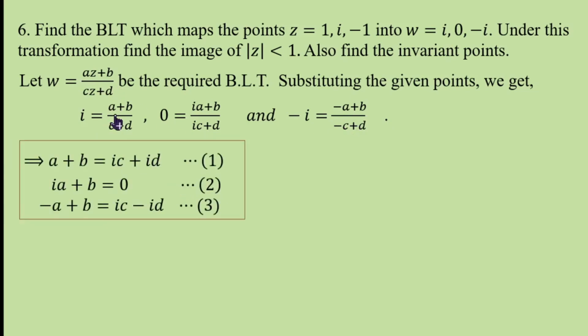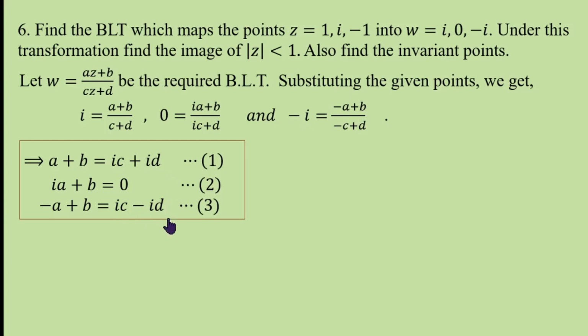Or you can write: A plus B is iC plus iD; iA plus B is 0, since 0 into anything is 0; minus A plus B is minus iC minus iD.